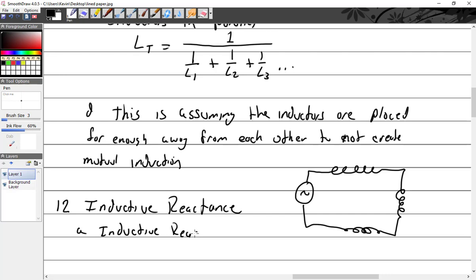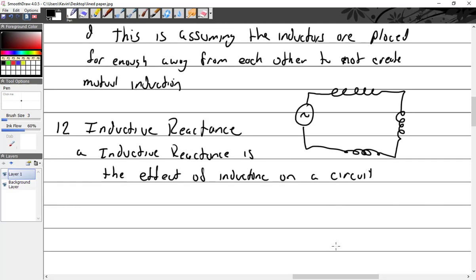Inductive reactance is the effect of inductance on a circuit. And you are going to be able to figure this out. It is measured in ohms. Hey, sounds good so far.